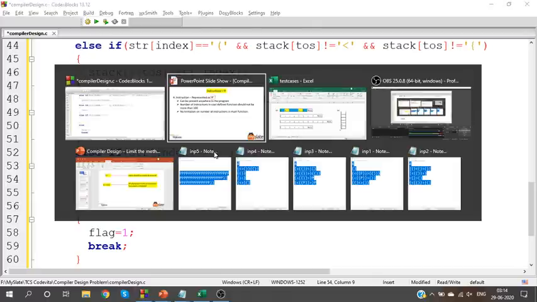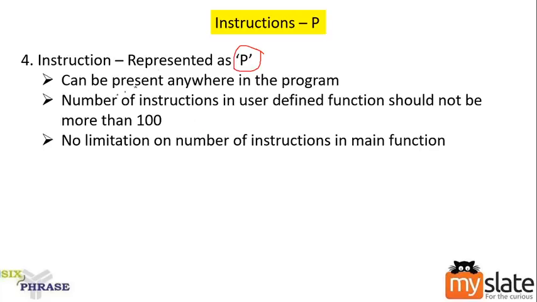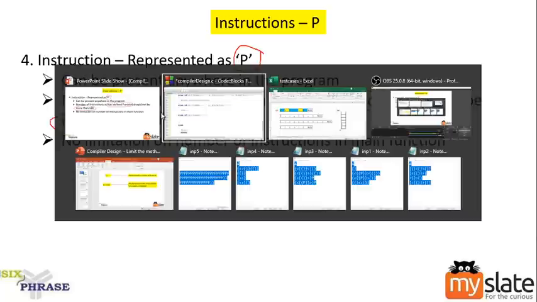What do they say about an instruction? It can be present anywhere inside the program. It should not be present outside the program. Okay, next thing, the number of instructions in a user defined function should not be more than 100. So we should count how many instructions are present in a user defined function.